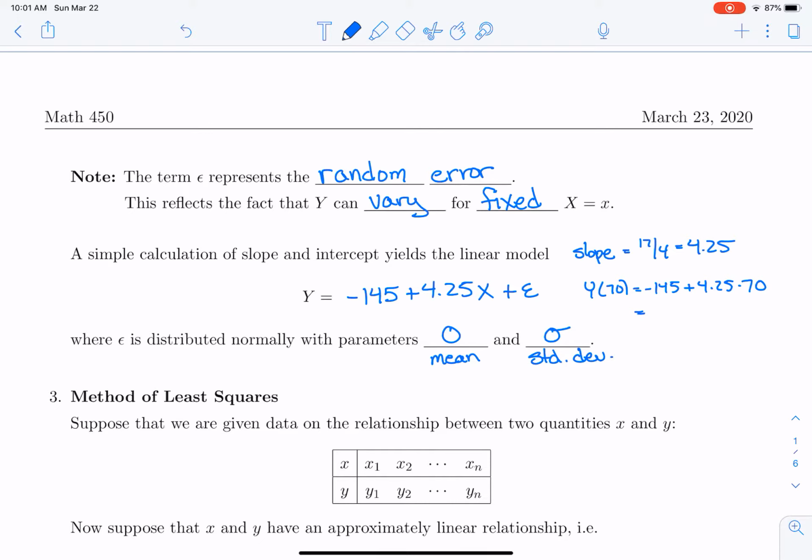If we make that calculation, we would get that somebody who is 70 inches tall is, on average, 152.5 pounds. That would be on average. And that's how you can use the linear model to predict weights for other heights that we don't have data for.